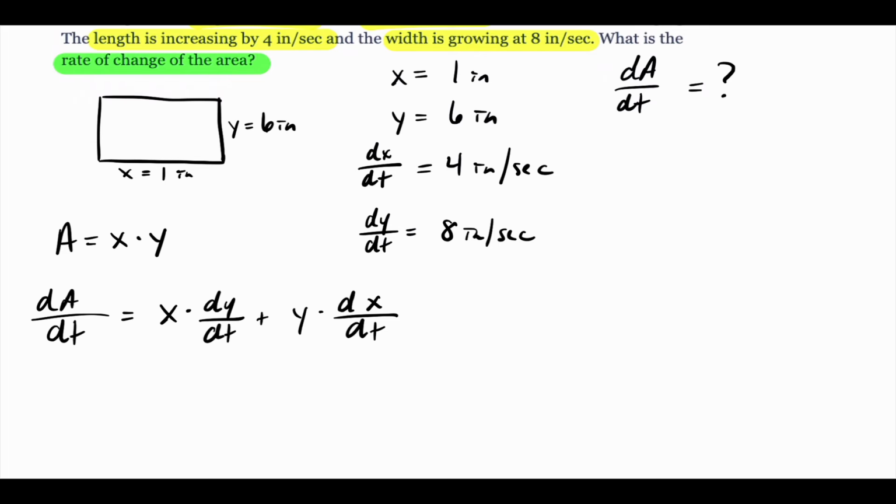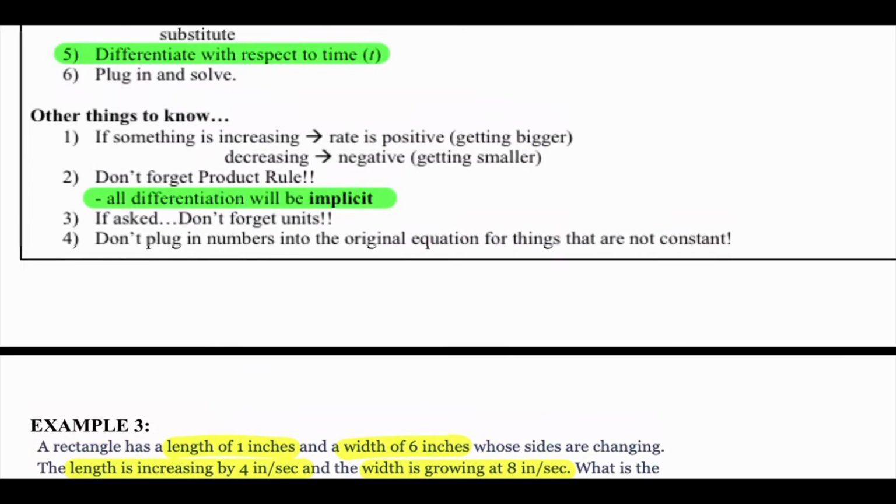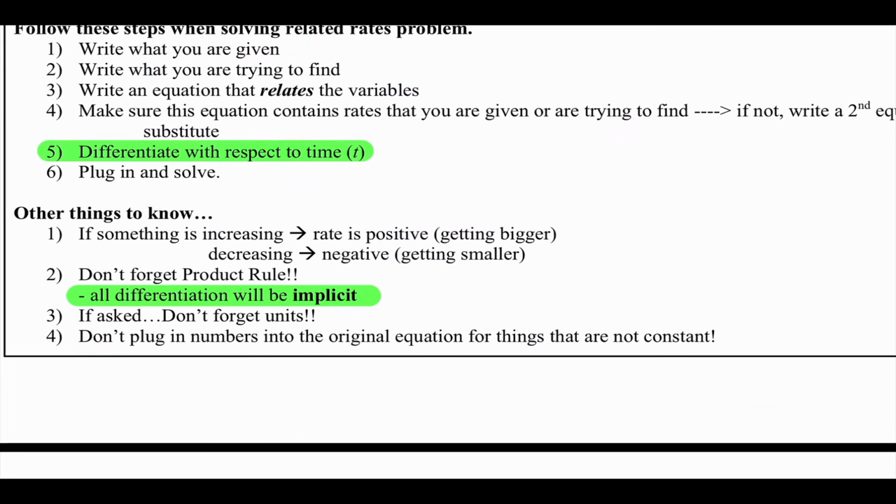Do I know x? Do I know dy over dt? Do I know y? Do I know dx over dt? So if I plug everything in, I can solve for what I don't know, which is step 6. Plug in and solve for what you don't know.